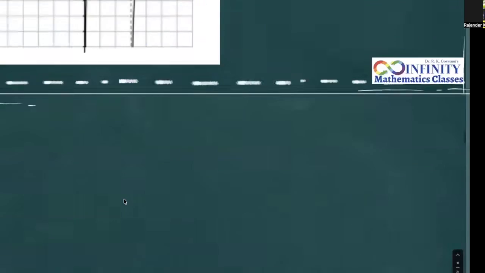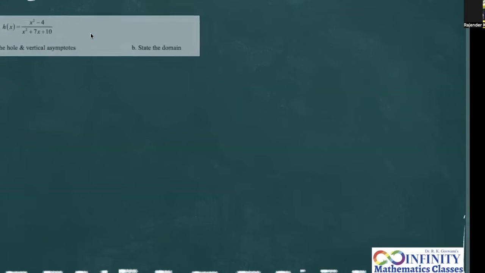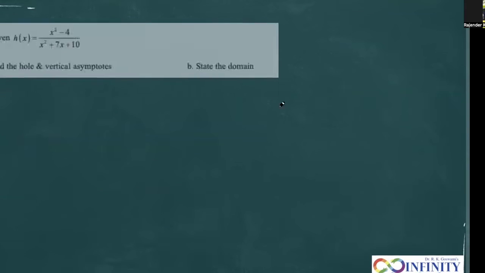Okay. I hope I am correct up to this point. Please try to help me with the next question. That means for these types of questions, you need to factorize the numerator and denominator for a better understanding. Look at the question, please.